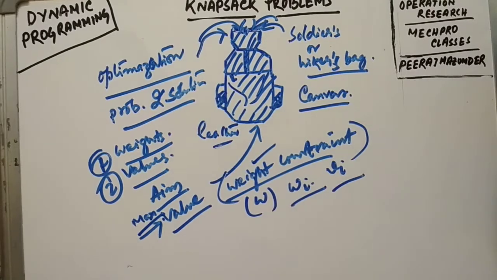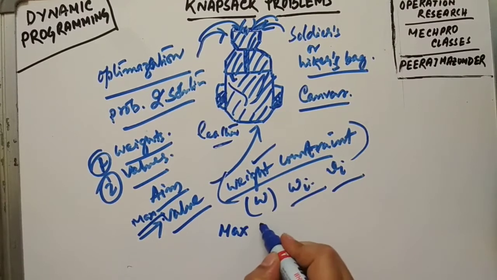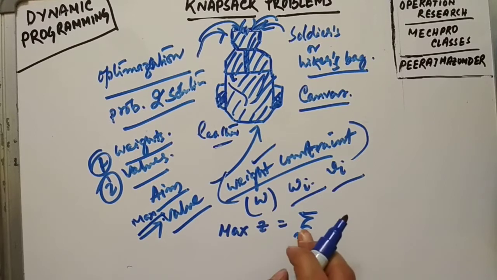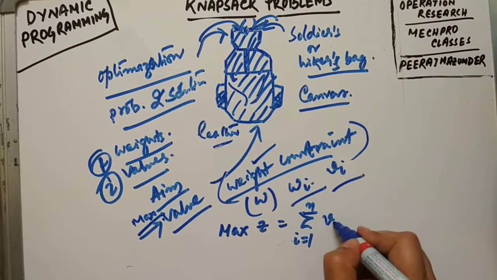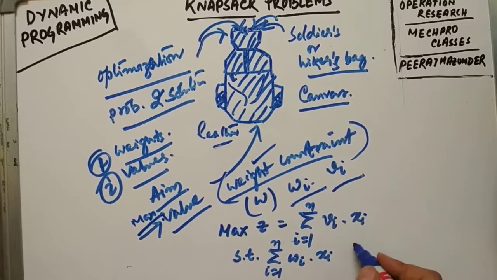Now the formulation I can write, this is the objective function: maximize Z equal to summation of i equal to 1 to n, vi into xi, and it should be subject to a weight constraint, that is summation of i equal to 1 to n, wi into xi, and that should be less than or equal to the total weight or capacity of the knapsack, W.